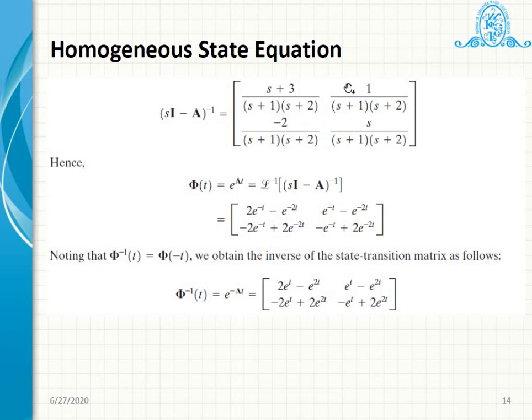Similarly, this will be A2 upon s plus 1 and B2 upon s plus 2, and so on. We write it like this by partial fractions, and we can get the solution in this form. So phi of t is equal to e raised to at, the Laplace inverse of sI minus A inverse. This solution is obtained, and this is nothing but the state transition matrix, or e raised to at.